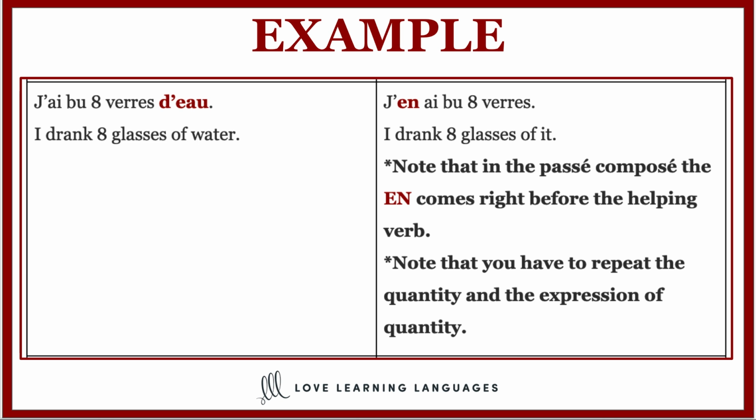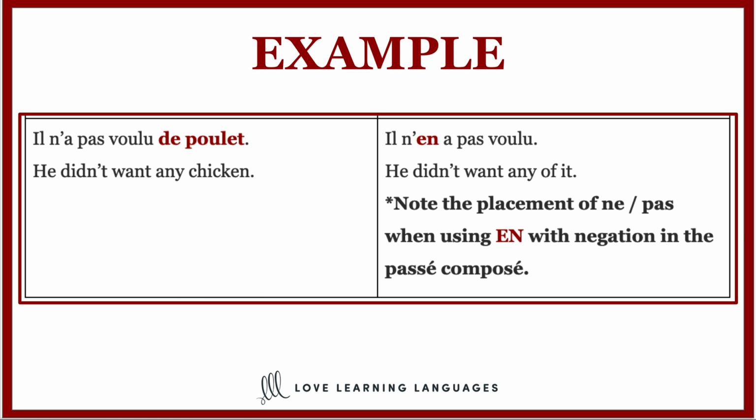So the en comes before the helping verb in the passé composé, and note that you have to repeat the quantity, which in this case is eight, and the expression of quantity, les verres, d'accord? Donc, j'en ai bu huit verres.